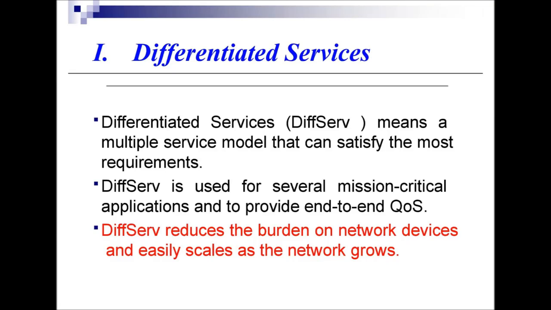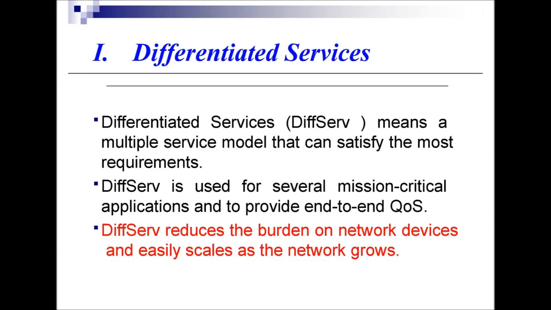Differentiated services are used for several mission critical applications and to provide end-to-end quality of service. All those applications which are very sensitive to delay are called mission critical applications, and there must be end-to-end quality of service. End-to-end means the quality of service must be measured from source to destination.